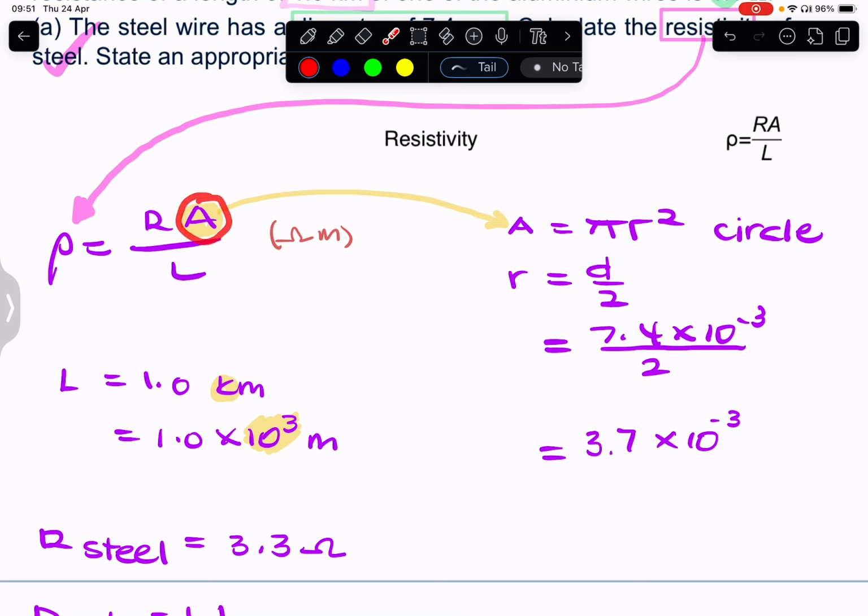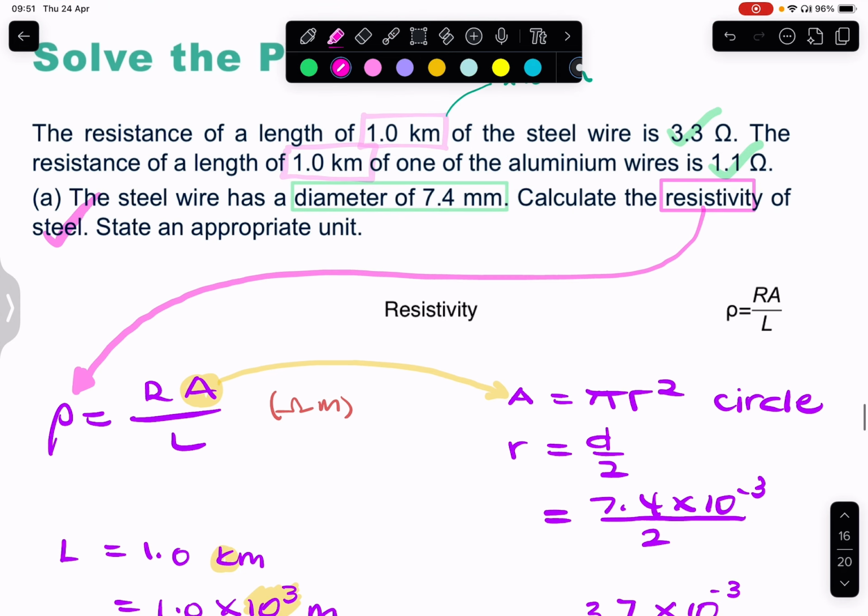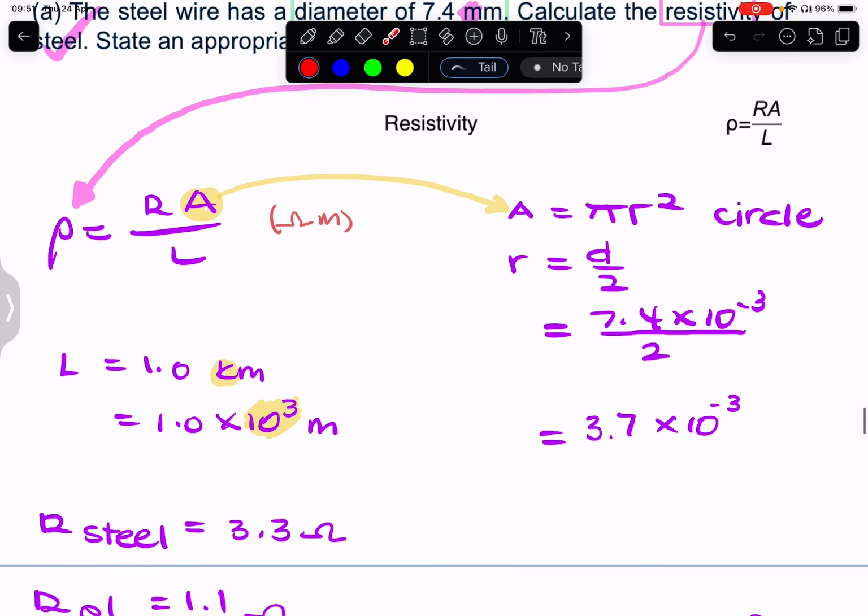What we don't know is A, but as I said, we can find it by calculating pi r squared. And r is half of d, and because d is given in millimeters, we need to multiply times 10 to the minus 3 to convert it to meters. So that's our diameter. Divide by 2, that gives you radius.